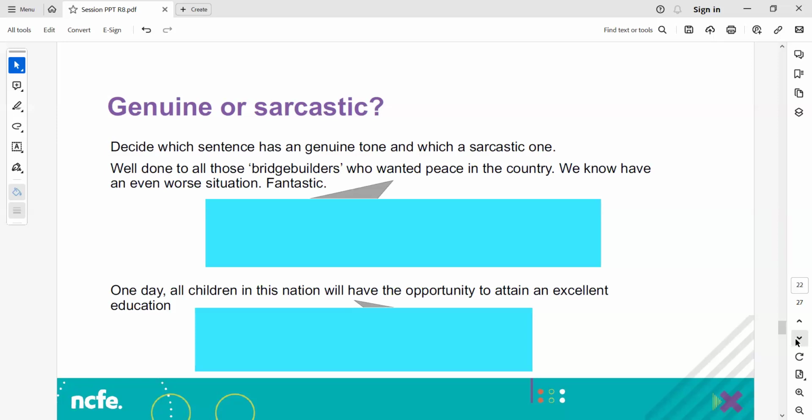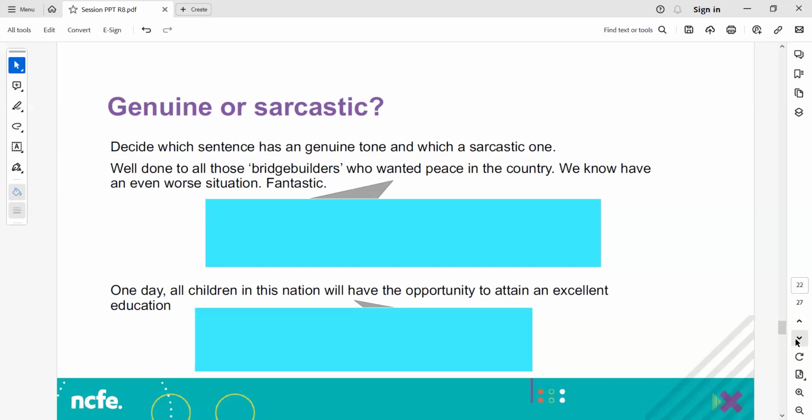Any punctuation there that tells us it's sarcastic? Inverted commas. Excellent. So the bridge builders. Putting a word in inverted commas like that is saying that the writer doesn't really believe that. It's a bit like saying all those so-called bridge builders.